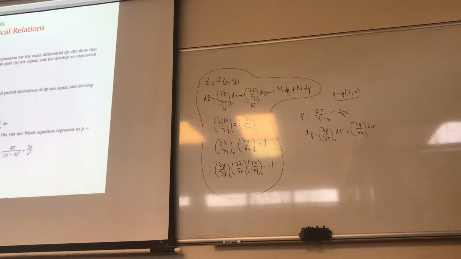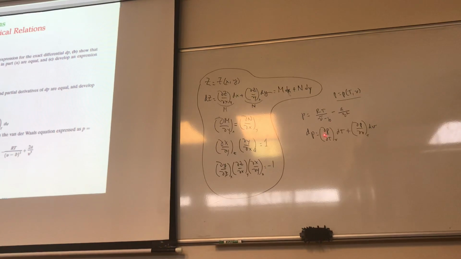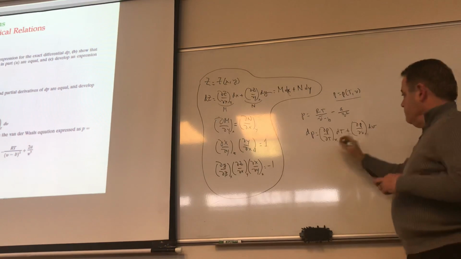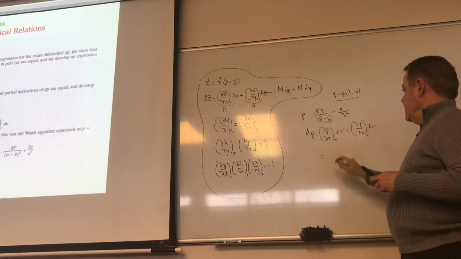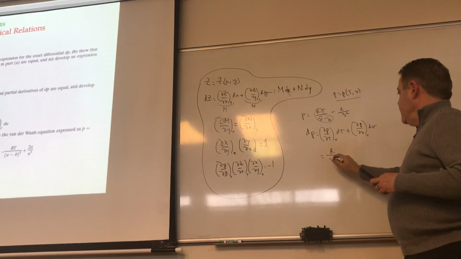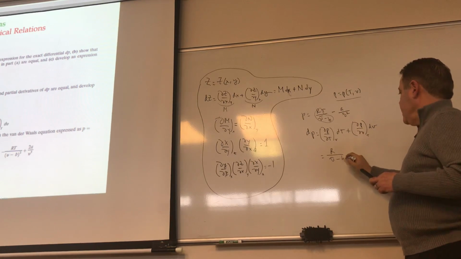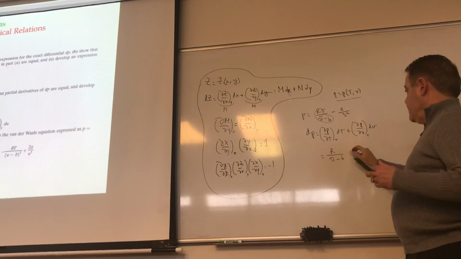So what is the derivative of P with respect to T here? That's a no-brainer, it's just R over V bar minus B, times dT.